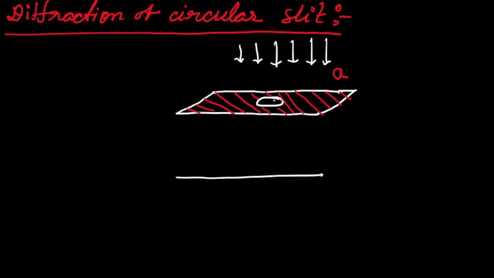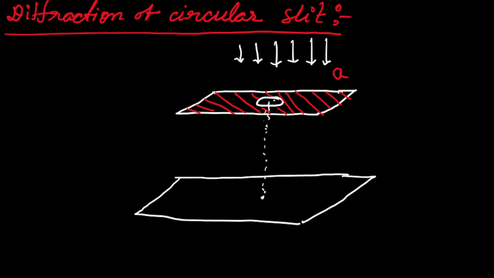Let's say this is our screen plane. So in this case, the intensity pattern will look like concentric circles, dark and white circles like this.